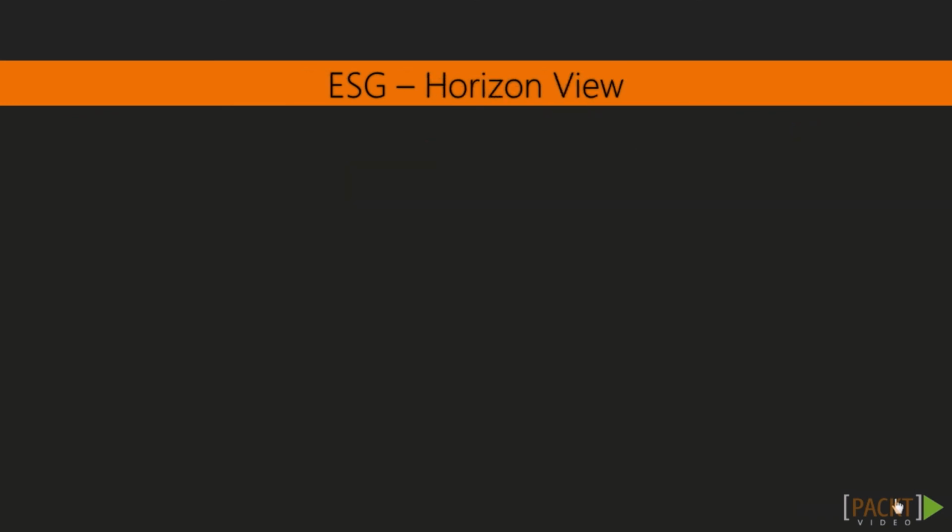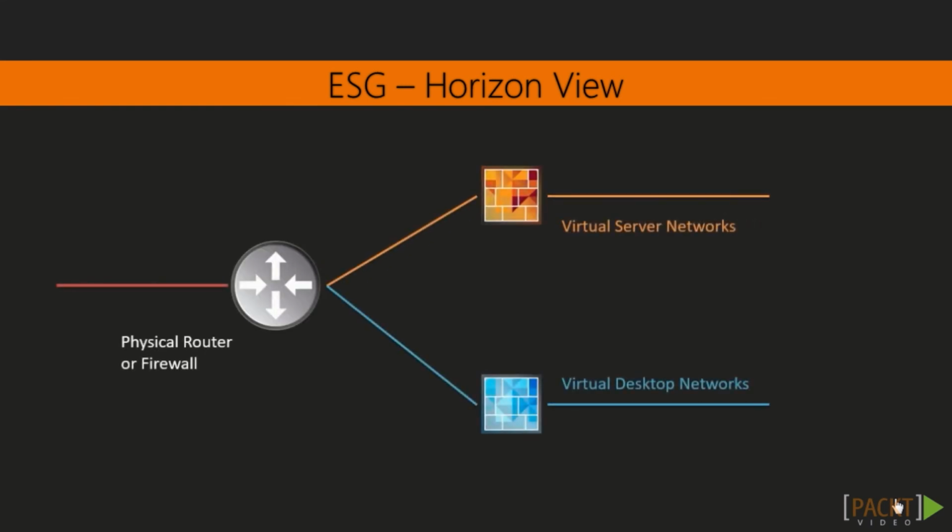Another example is Horizon View. We have a physical router and/or firewall, and behind that device we have two ESGs. One is responsible for the virtual servers, and the other one is responsible for the virtual desktops. That leads to a couple of cool things.